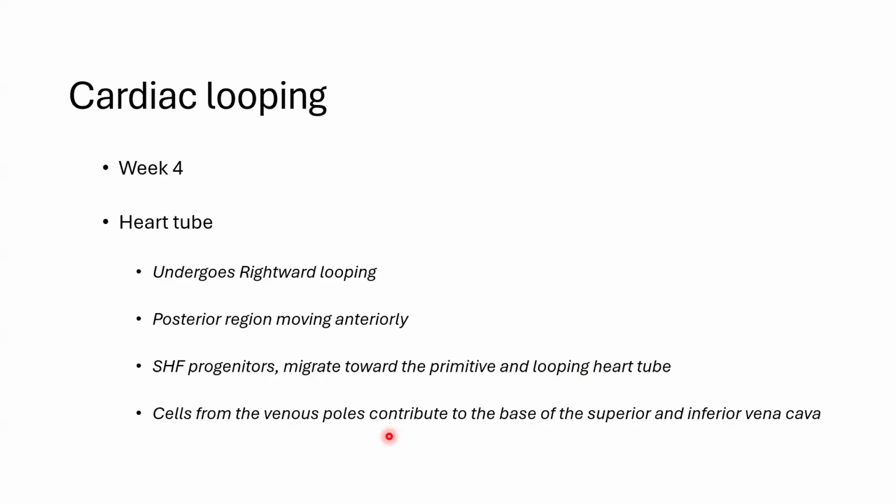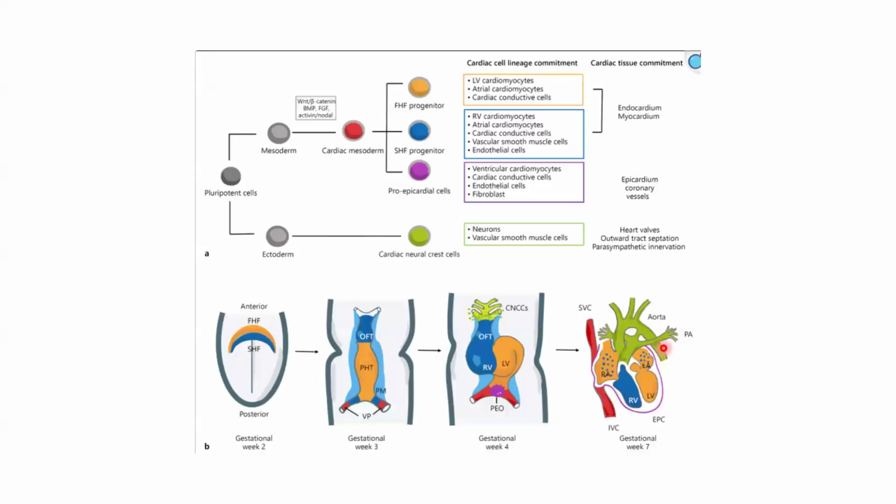And this usually occurs in the 4th week. The heart loops in a rightward looping manner, where the initial posterior aspects of the heart move a bit more anteriorly. And these are also under a lot of control of the signals that we're talking about. So the focus will be on this lower part here.